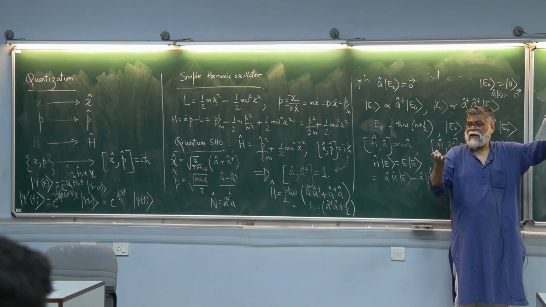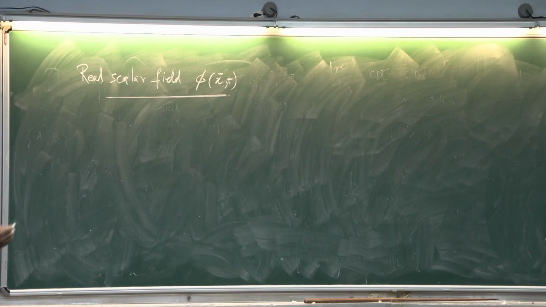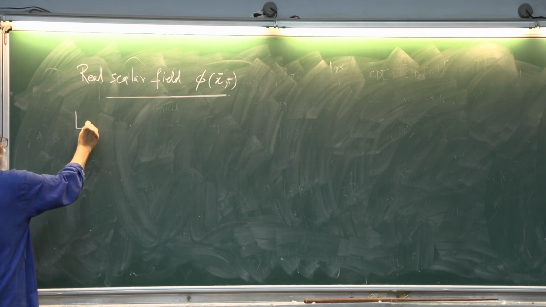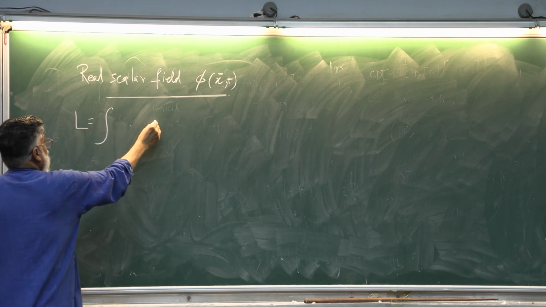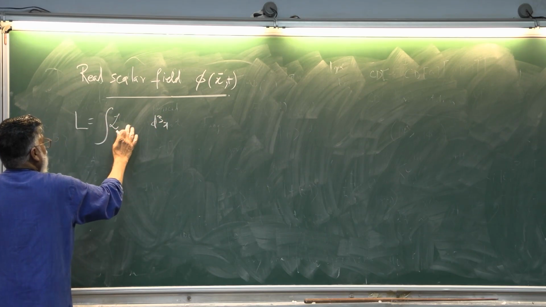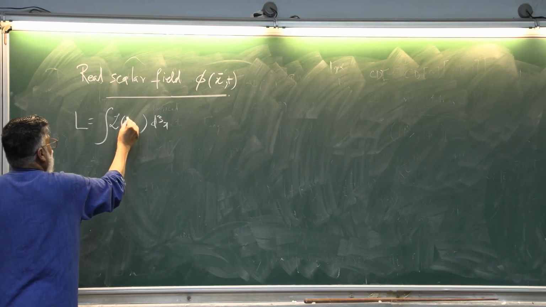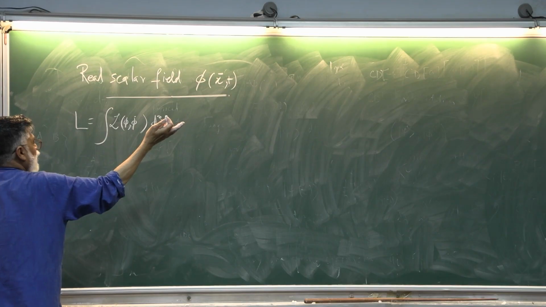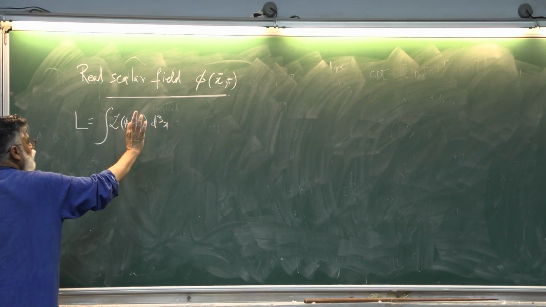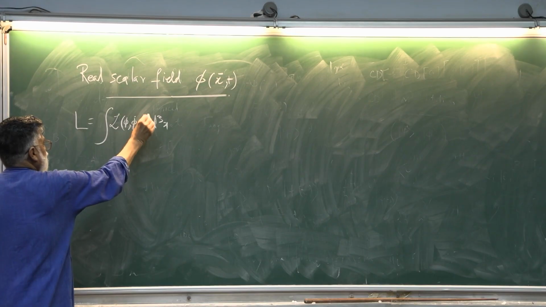If you integrate the Lagrangian density over space, you can get your Lagrangian. So the Lagrangian in field theory will be the integral over space of something called the Lagrangian density, and the Lagrangian density for the scalar field will be a function of phi and phi dot. And of course, if energy is to be conserved, it should not have explicit dependence on time, but we can put the explicit dependence on time.